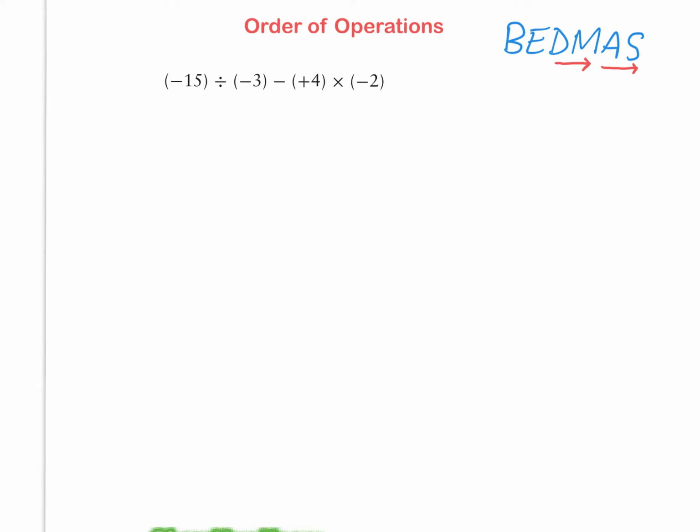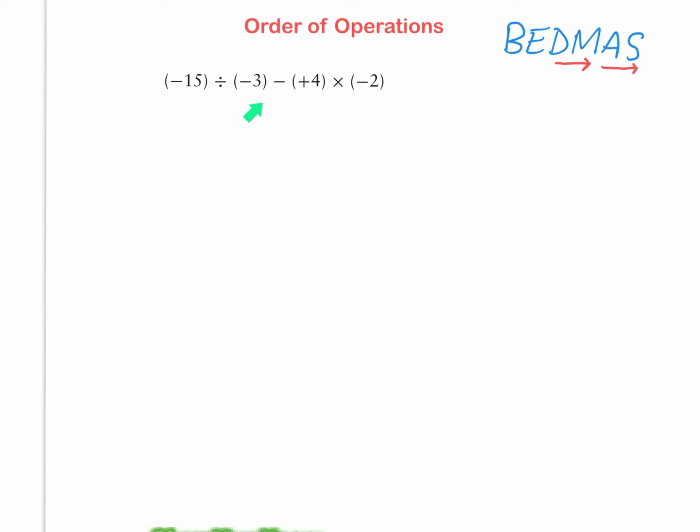So let me erase this stuff. Let's take a look here. BEDMAS tells us we need to do brackets, exponents, division, multiplication, addition, subtraction. These brackets are here just to separate the integers so that we're not confused, calling this multiplication and subtraction. So this is negative 2, so these brackets don't really apply here. There are no exponents, but we do have some of these.